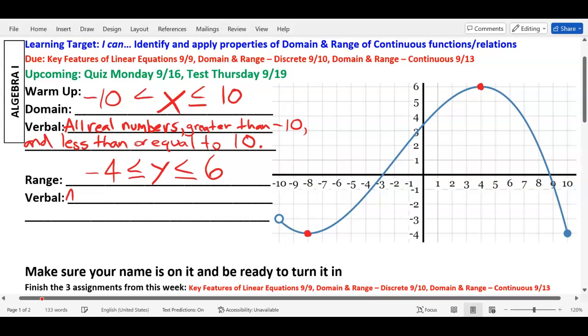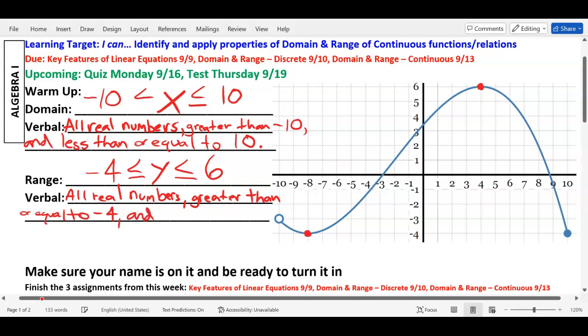Verbal, all real numbers. We always write that, right? All real numbers. And then we always write greater than. Okay. Is it equal to? So look on the left. This one is underlined. So this one will be greater than or equal to, the left number is -4.